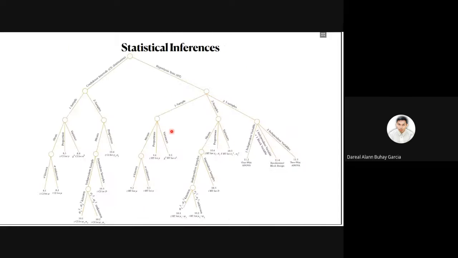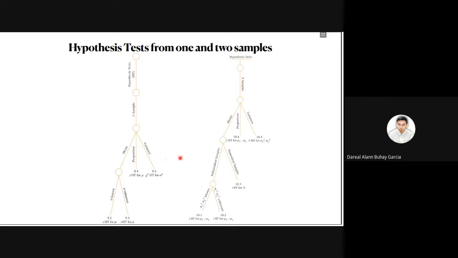So I'm going to remove these two legs from this part of the tree diagram and put it in the next slide as so. So these are the statistical tests that we will be tackling for this report: z-test, t-test, and f-test for a single sample and two sample population.